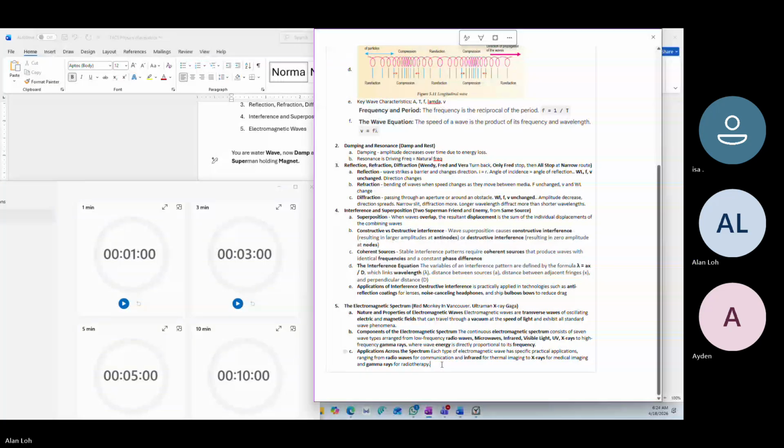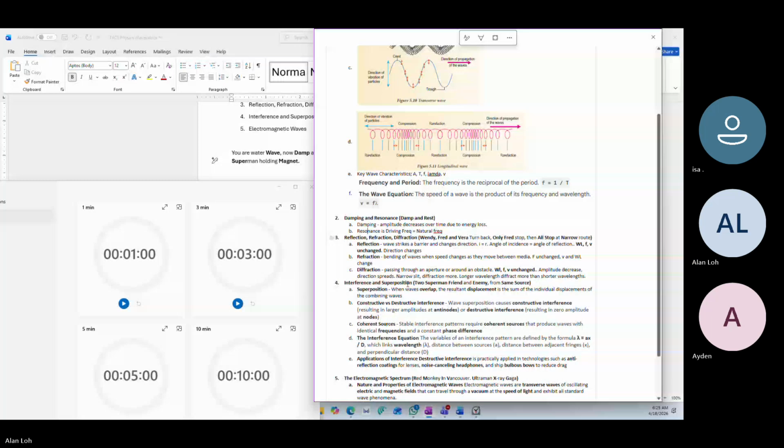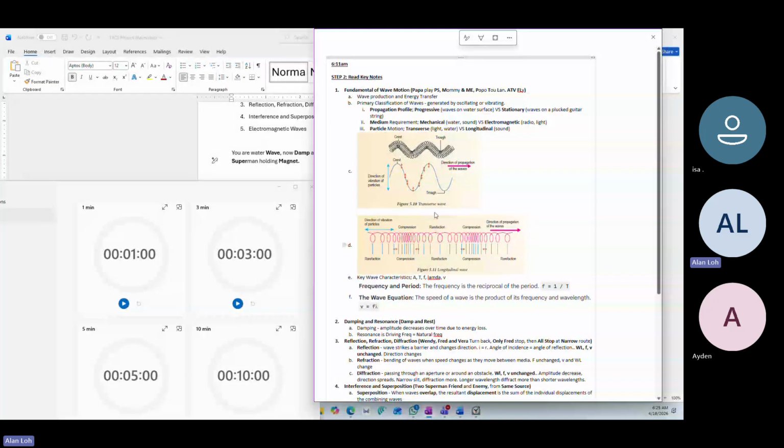So we have 5 drawers, and they are talking about the wave, damping and resonance, reflection, refraction, diffractions, interference and superposition, and electromagnetic spectrum. Right. So just take a screenshot of the key information in each of the drawers.